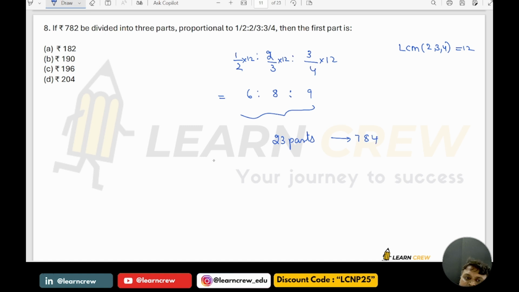Then the first part is how much? The first part is nothing but 6 parts. 23 how many times? 23 3s are 69.